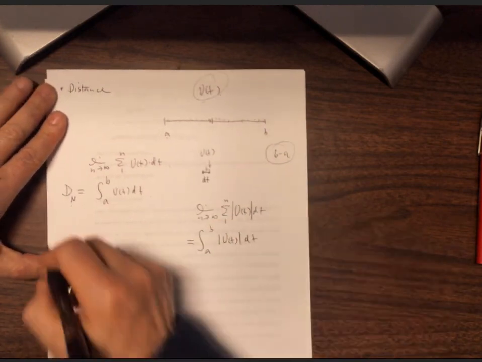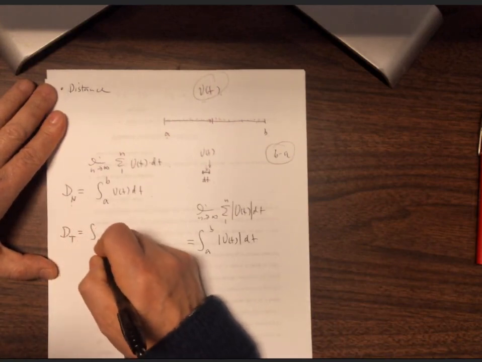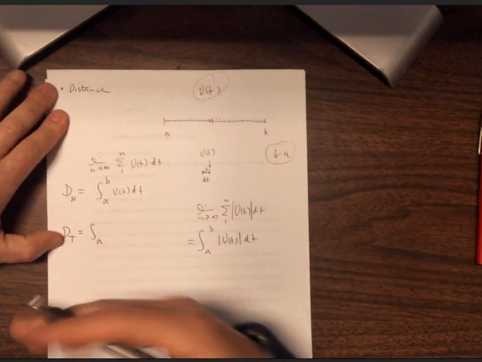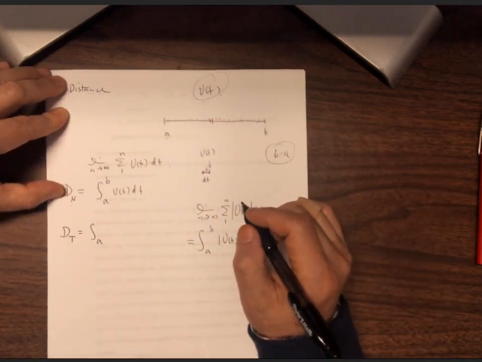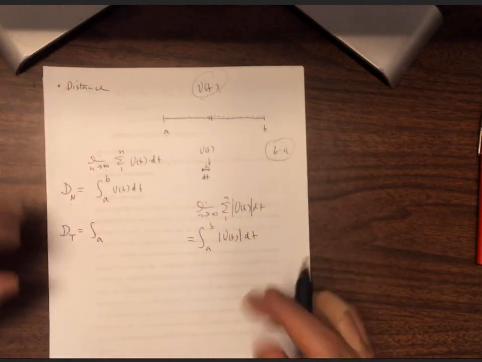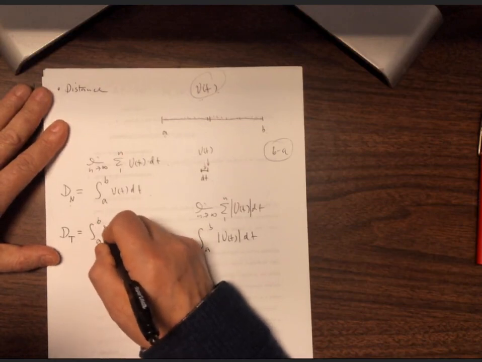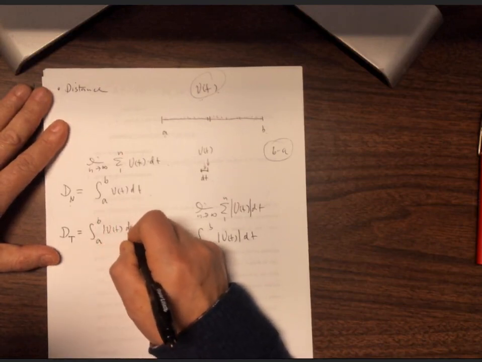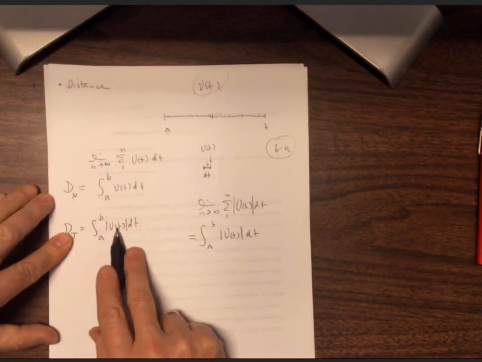This is called total distance. Total distance is like a mileage traveled, where net distance is the actual change in location. We have this because the velocity could be negative.